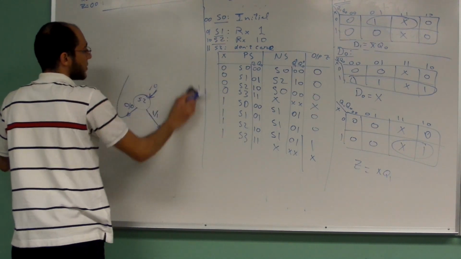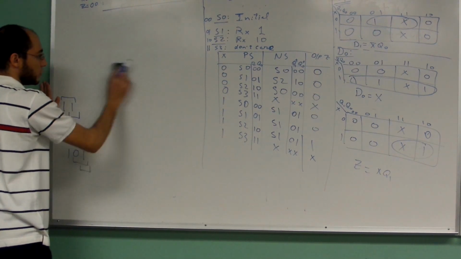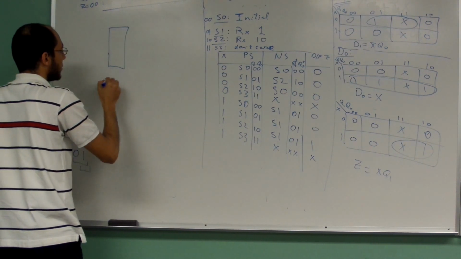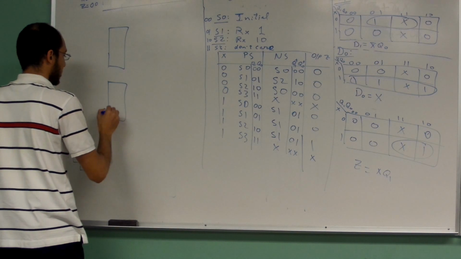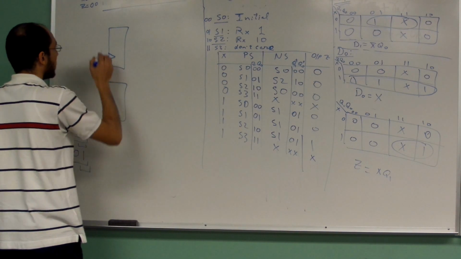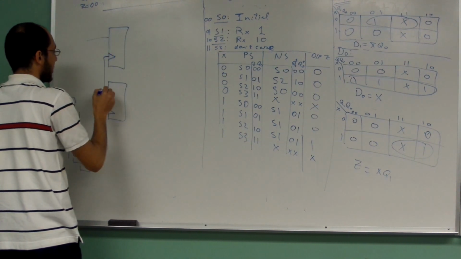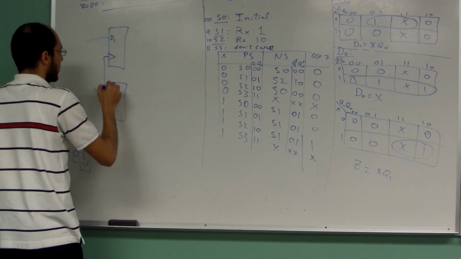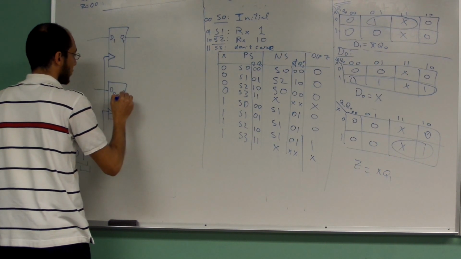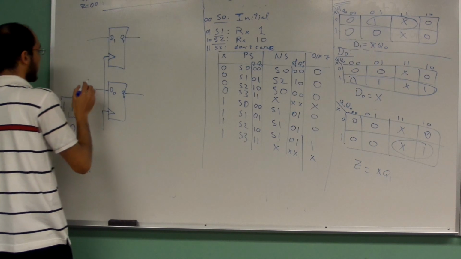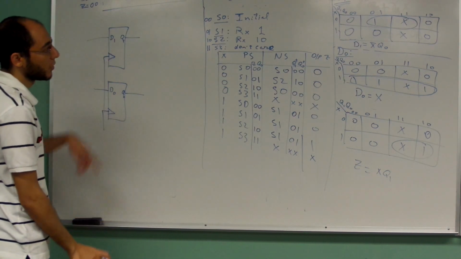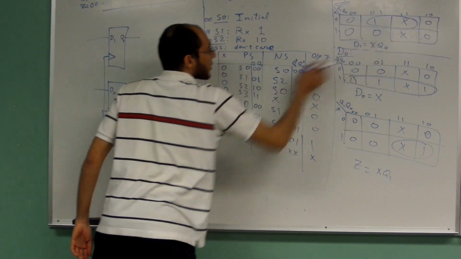Final thing is the circuit. 2 flip-flops. Okay? D1, D0, Q1, Q0. Okay? What is feeding the D1?